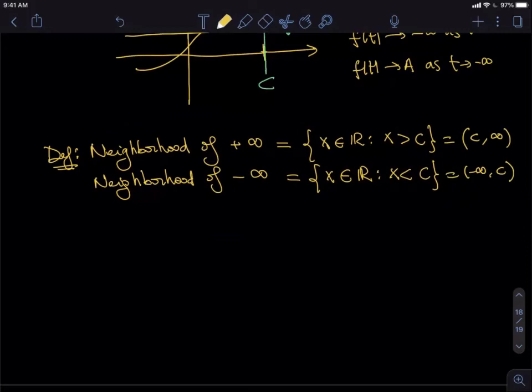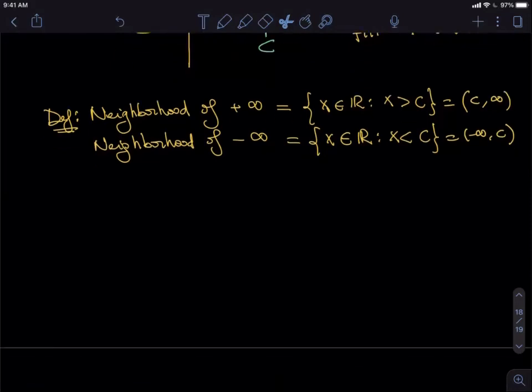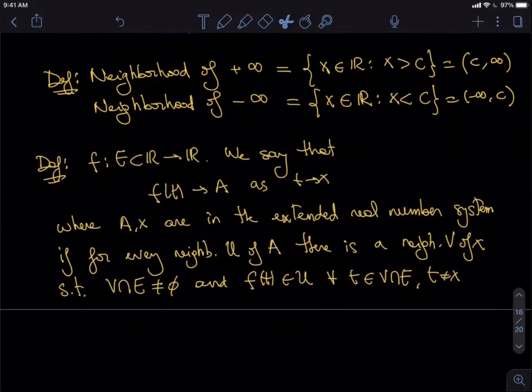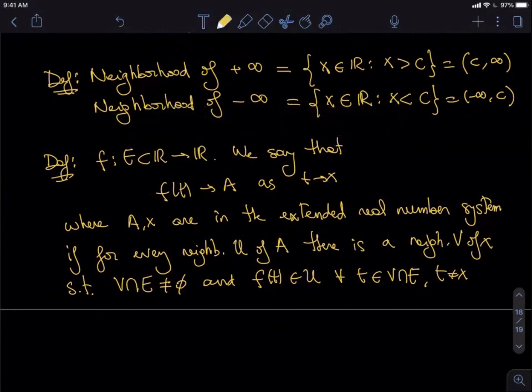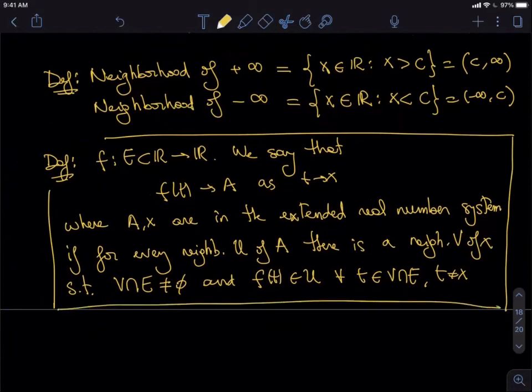Now with this definition, we are prepared to state the definition of convergence in general for the extended real number system. The precise definition is given here. We have a function f defined on the domain E, a real function. And we say that f of t converges to a as t tends to x, where a and x are in the extended real number system, so they could be numbers, infinity or negative infinity.